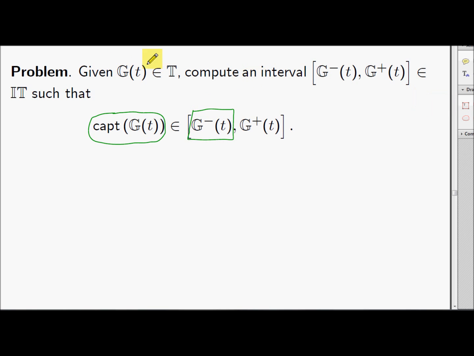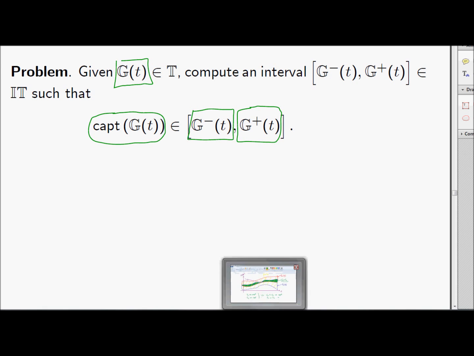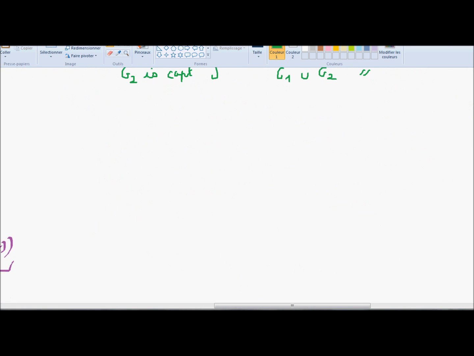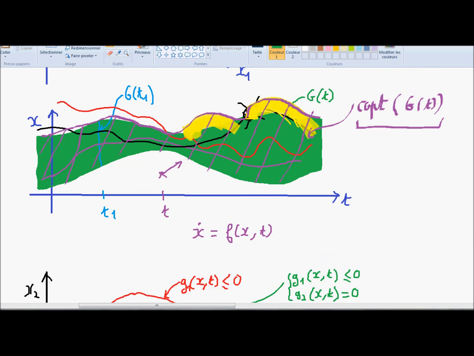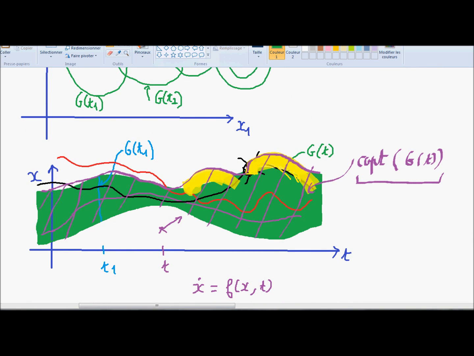And this one will be computed by the interval integration, as explained. Let me recall this. So if you want, the interval I want to compute, I will call it J, like this, of t. So it is an interval of t.